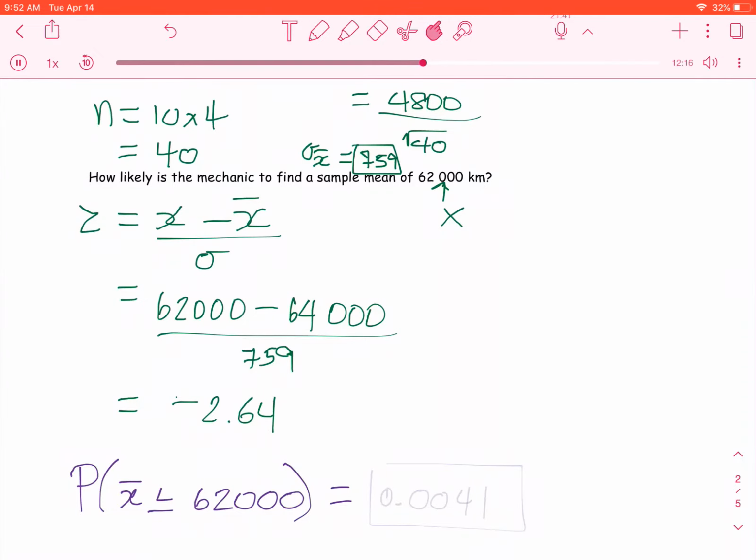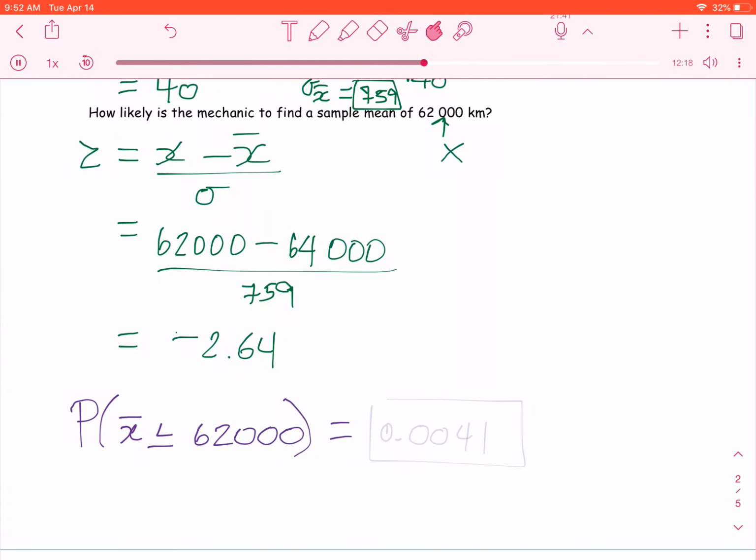When you look up negative 2.64, you should get approximately 0.0041 once you use your handy z-score table. Alright? Hope that makes sense. We'll carry on then to our second example.